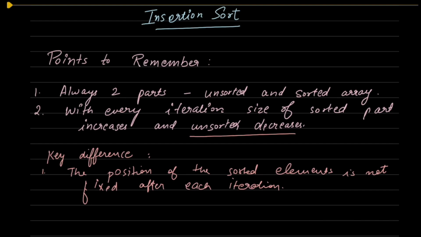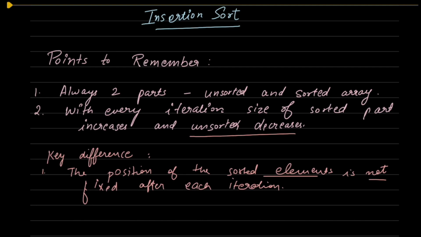But there is one key difference between selection sort, bubble sort, and insertion sort, which is that the position of the sorted elements is not fixed after each iteration. Meaning that in bubble sort and selection sort, once we sort one part of the array, the position of those elements remained fixed.